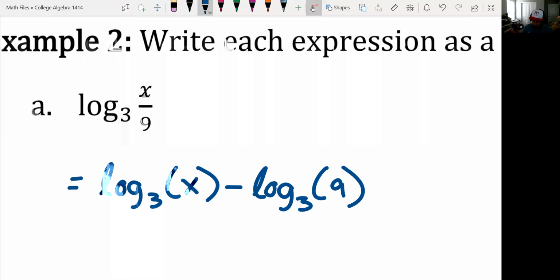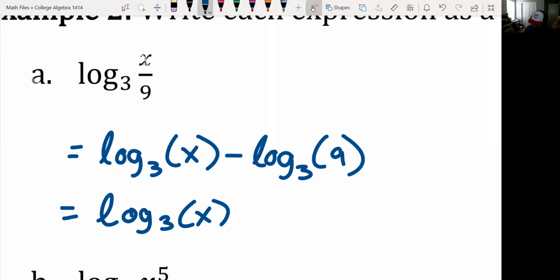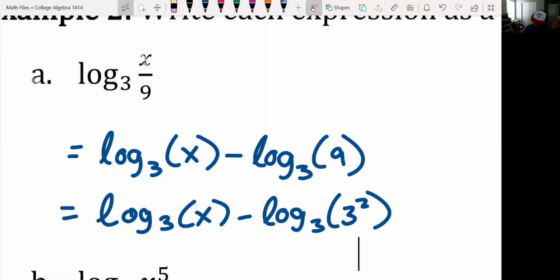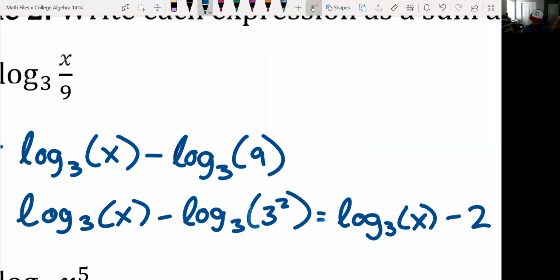And now we have to simplify this more because you can write 9 as a base of 3. So that means that this becomes log base 3 of x minus log base 3 of 3 squared. And since the bases are the same, they cancel and leave us with log base 3 of x minus 2.